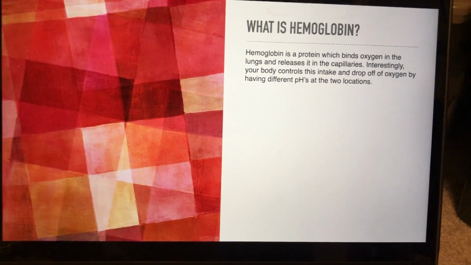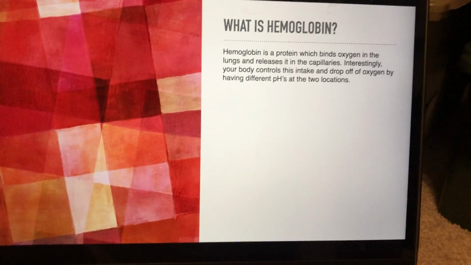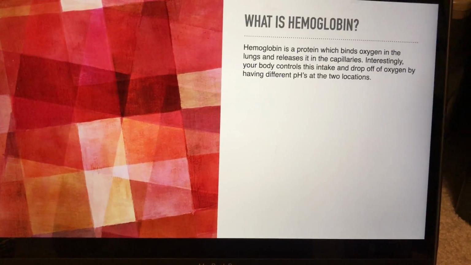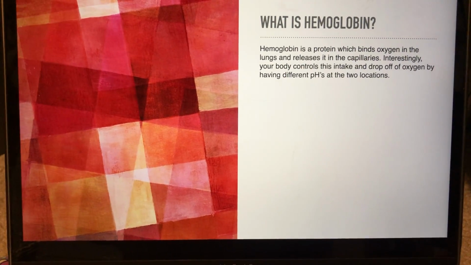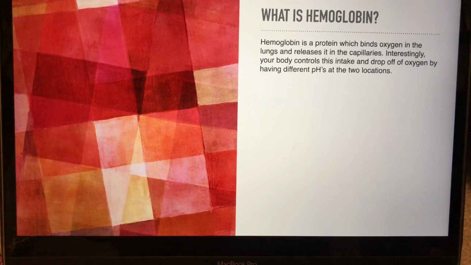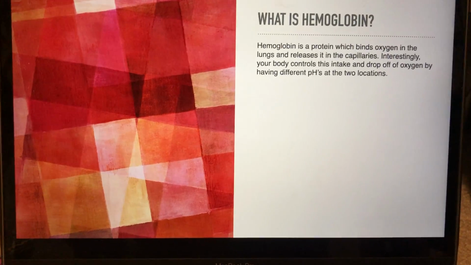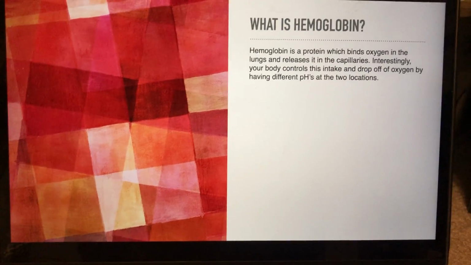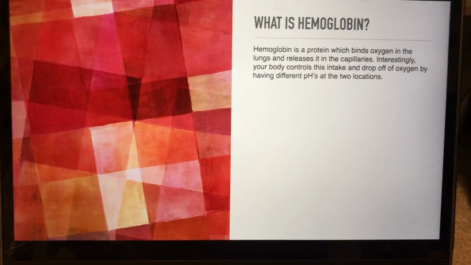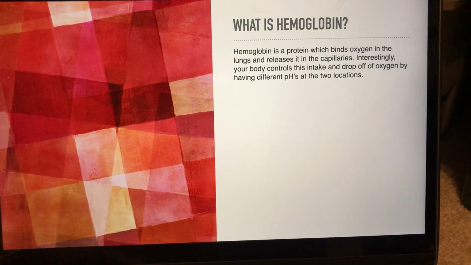Hemoglobin is a protein that binds with oxygen in our lungs and then travels to our capillaries, where the oxygen gets released from the hemoglobin. Our body works to control when the oxygen is released by having a different pH in the lungs and a different pH in the capillaries.